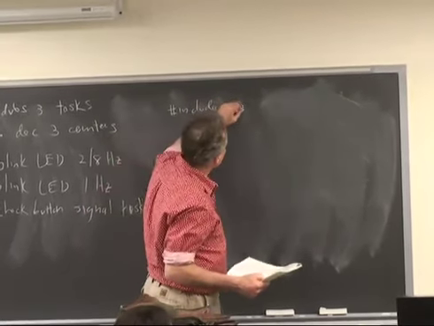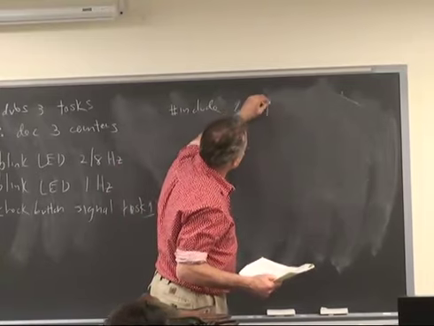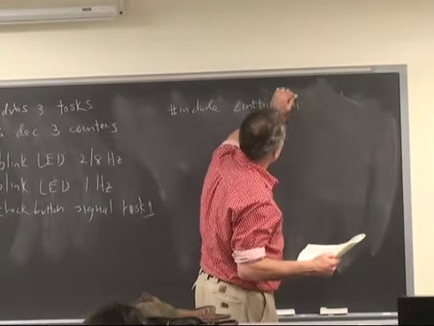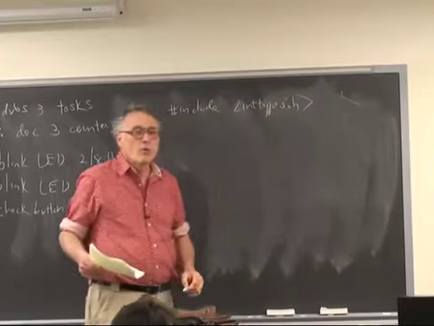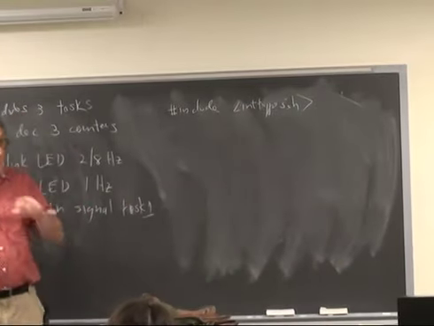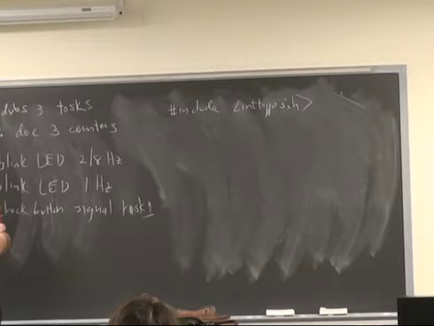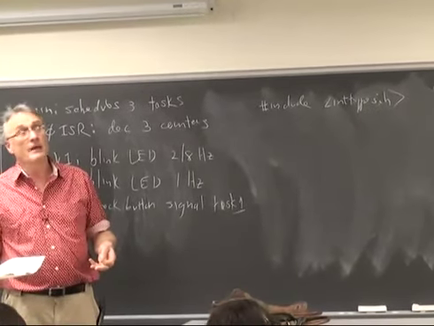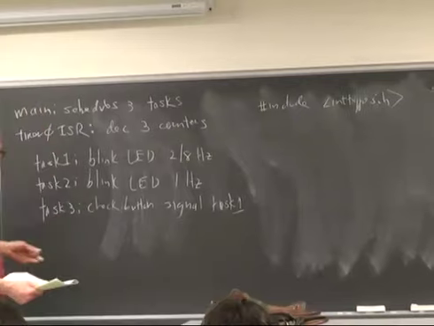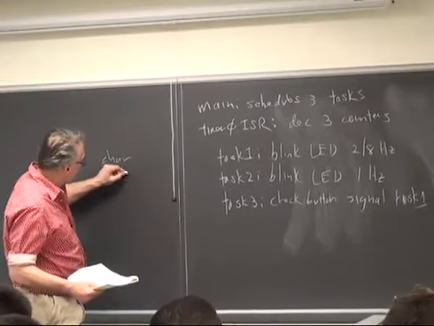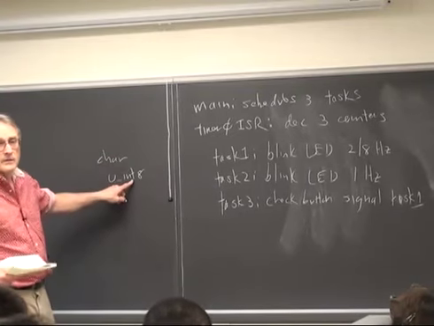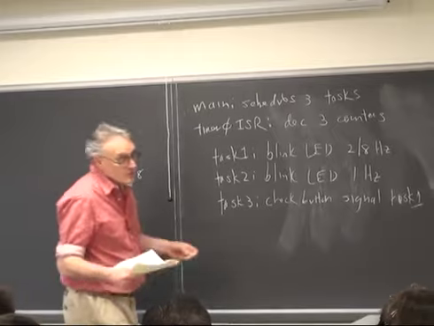Well, you don't have to include inttypes, but that's useful if you want to use CPU independent type names, like instead of char, you can use uint8, which is an unsigned 8-bit integer, which is the same as a char.